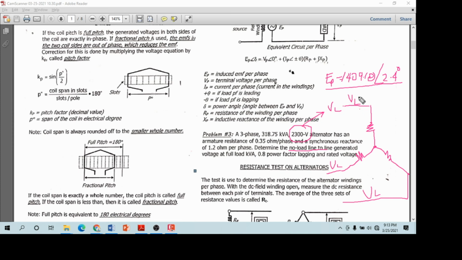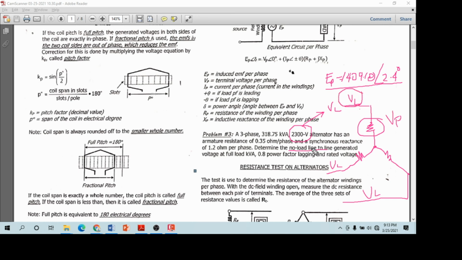But what if it is at no load? That is why we solve here for VP, which is equal to VL divided by square root of 3.